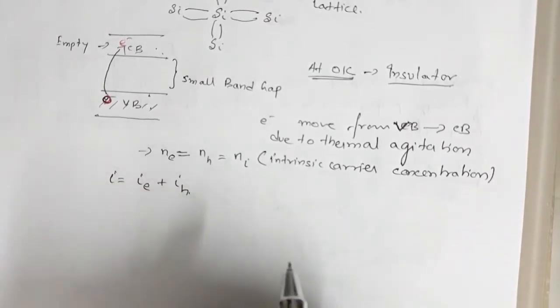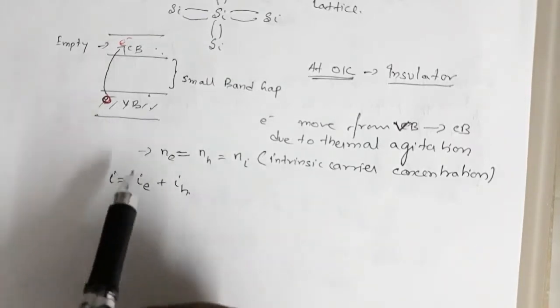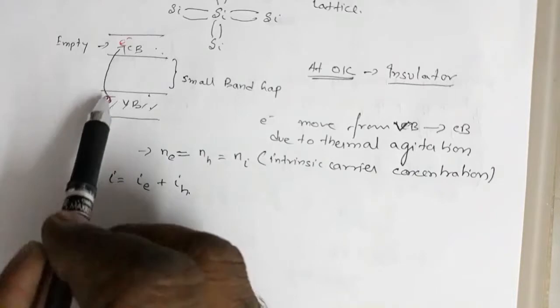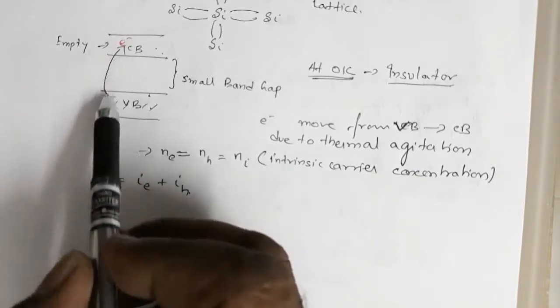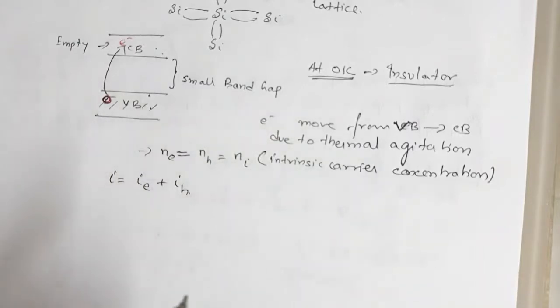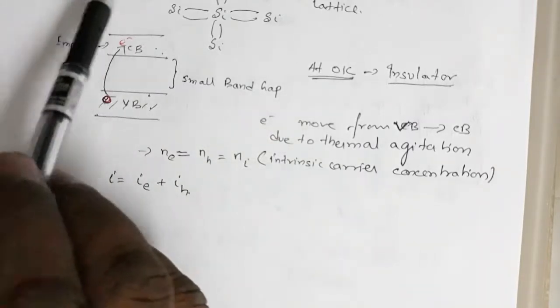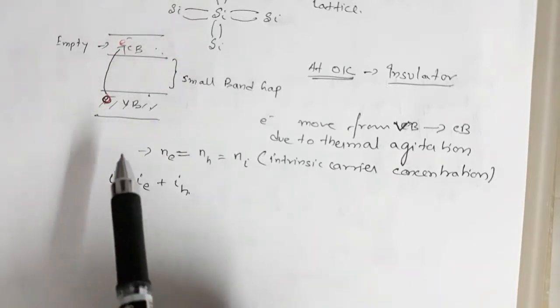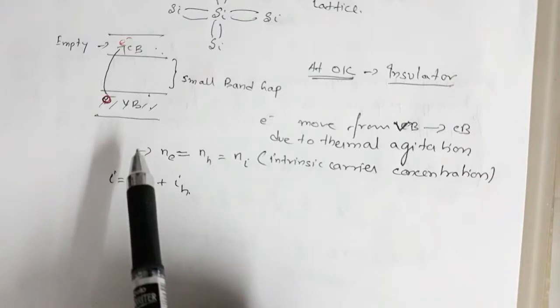But this flow of current is due to the formation of these electron-hole pairs. Why were these electron-hole pairs formed? Due to thermal agitation. So the conductance of intrinsic semiconductors is dependent on temperature.